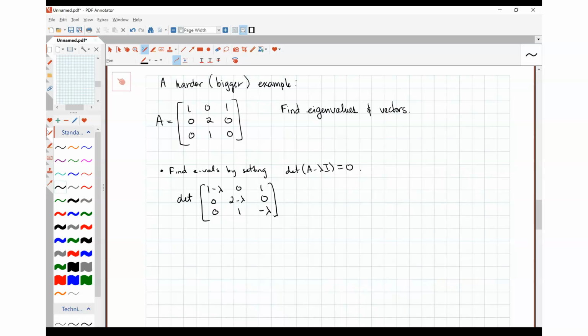And now we need to compute the determinant of this. I see that there's this one column that has only one non-zero entry. So I'm going to do cofactor expansion along that column. You are free to find the determinant in whatever way you prefer. The grid is plus minus plus minus, so this is plus, of course, because it's first. So this will be 1 minus lambda times the determinant of this submatrix, right?